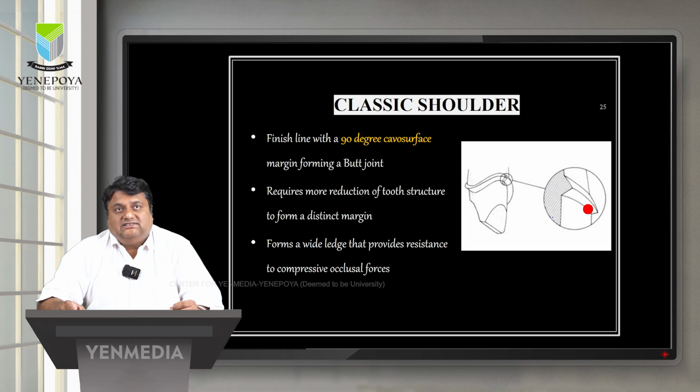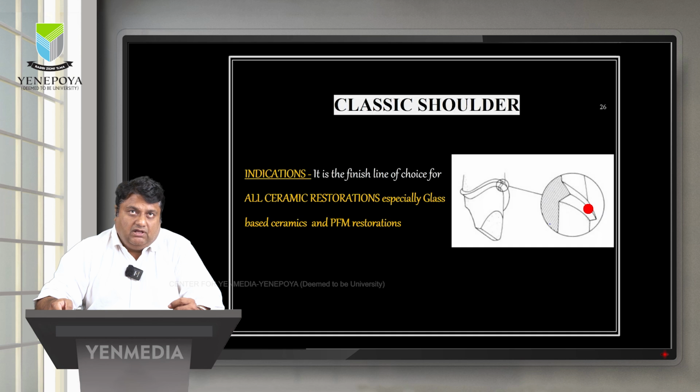The advantage is that because the margin is very distinct, it is a wide ledge, and it provides resistance to compressive occlusal forces. The indication is that it is the finish line of choice for all ceramic restorations, especially glass based ceramics, and PFM restorations, wherein you require more bulk of the material for it to be aesthetic.